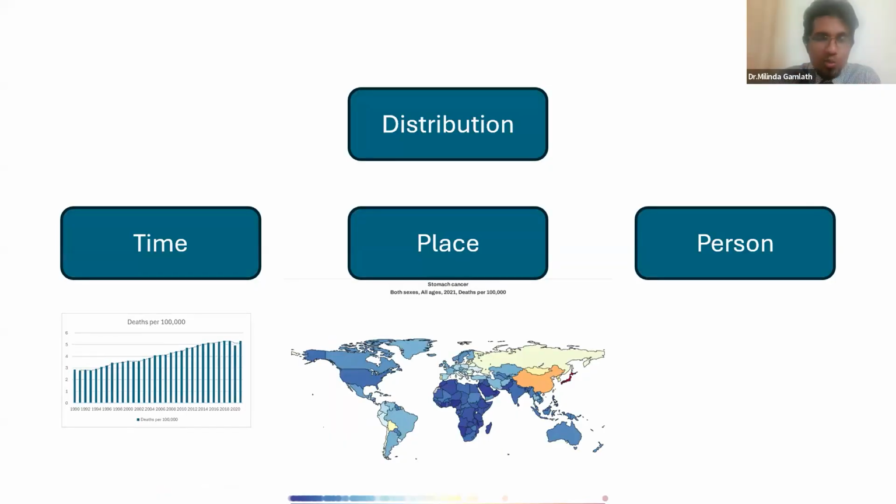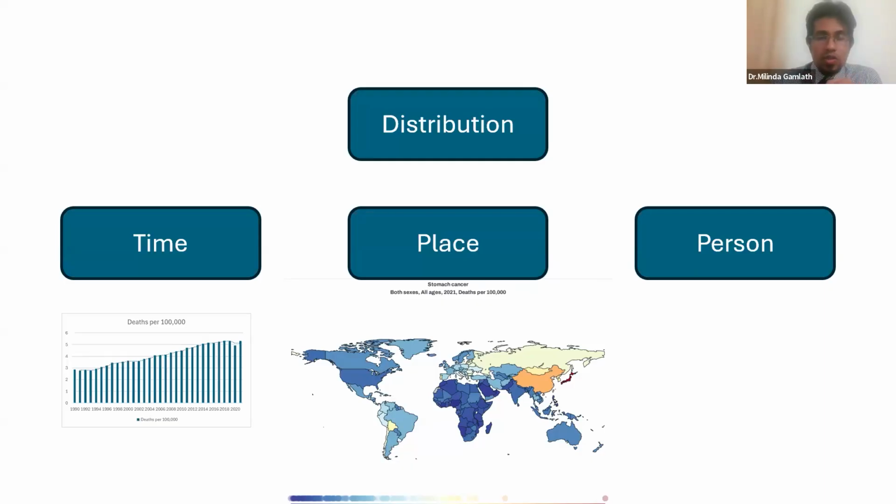If you just zoom in, you can see that the red colored ones are the countries with the highest density, and the dark blue colored ones are the ones with the lowest density. And you can see that Japan has the highest density. So this is distribution of gastric cancer across places or countries.